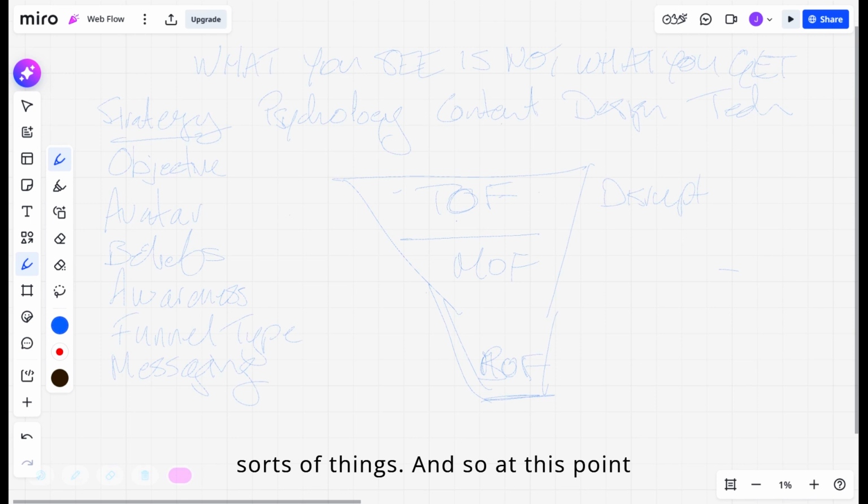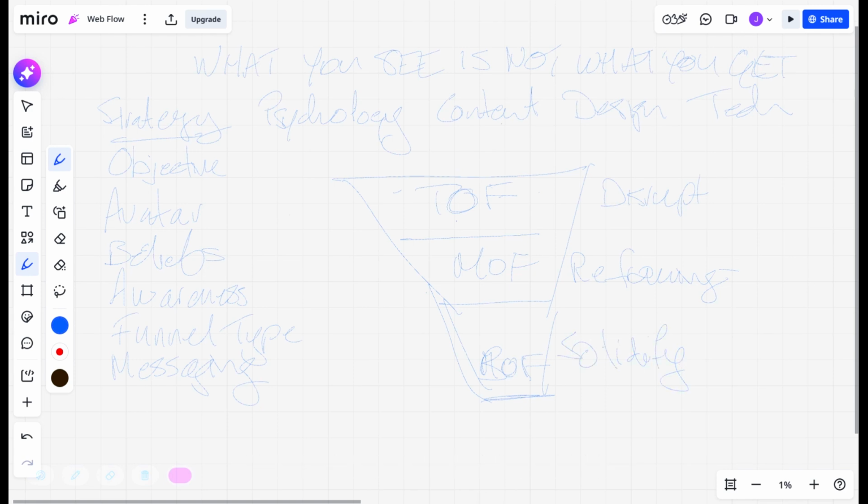And so at this point, they're at the reframing stage. And then at the bottom of the funnel, you've got the solidify phase, where you're providing proof that strengthens their conviction that they're onto the right solution.